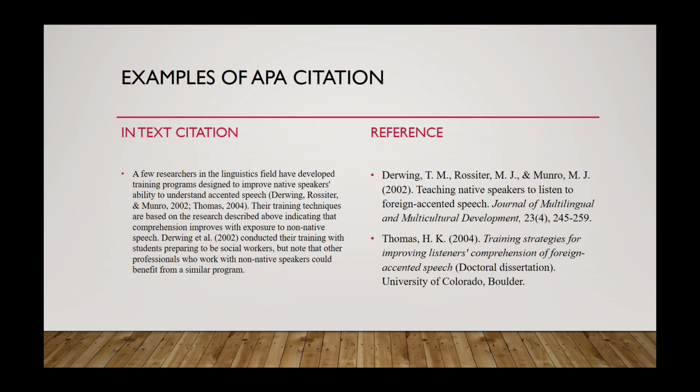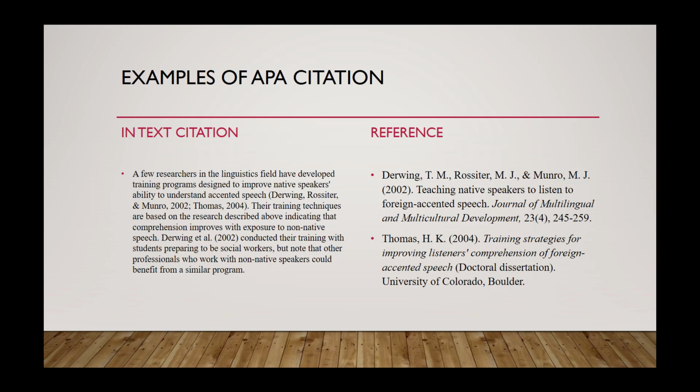And I've listed here a couple of examples of APA citation. When we say in-text citation, that means we're taking someone's thoughts or ideas and giving them credit in our actual paper. You can see the first one shows the parentheses where I'm giving credit to these two articles. One is 2002, the other is 2004.